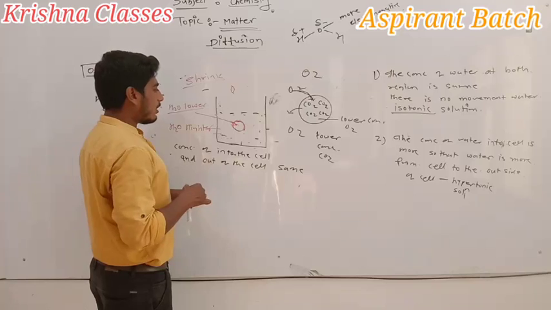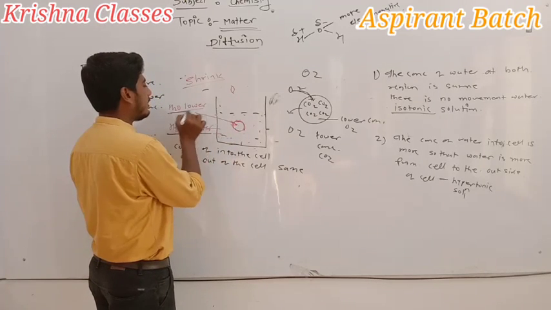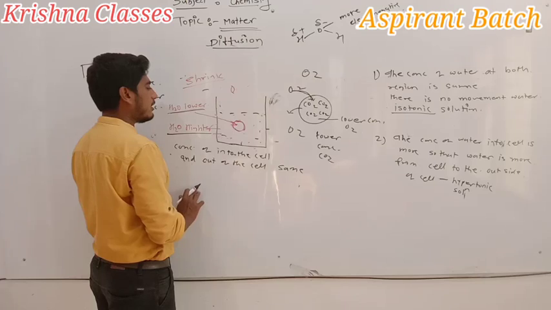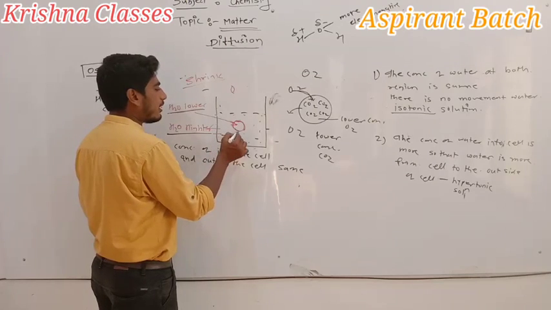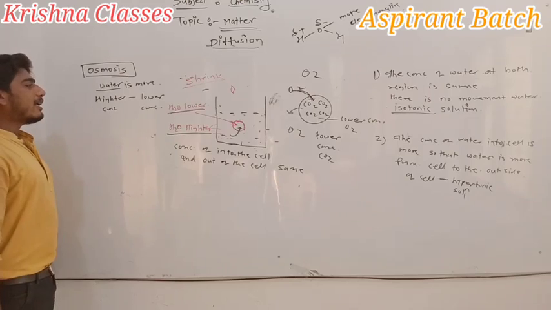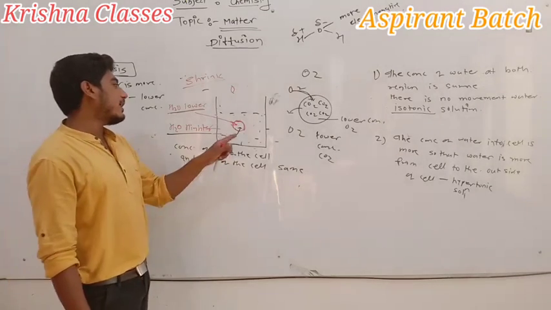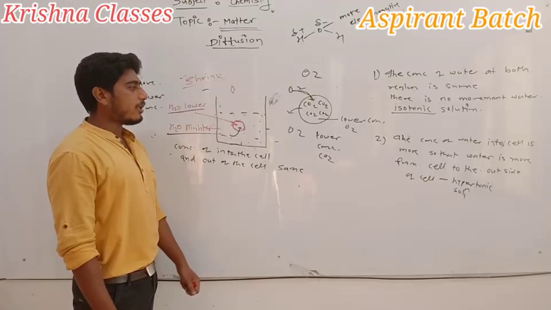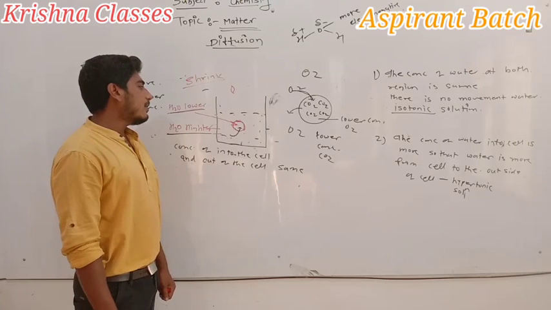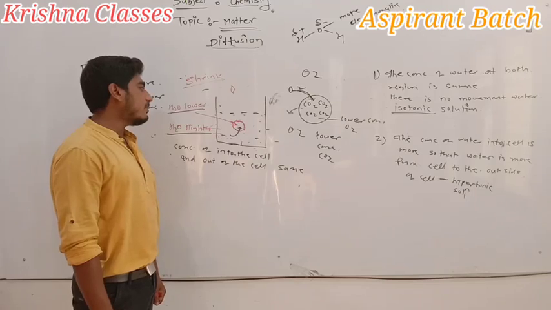Outside the cell the water concentration is higher and inside it is low, so the water flows from outside the cell to the inside. That is, water enters the cell, so the cell bulges out.